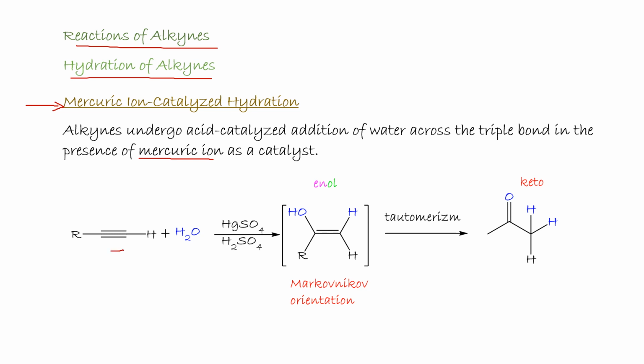So acetylene with water in presence of mercuric sulfate and sulfuric acid, addition of HOH across the triple bond, where the hydrogen will be connected to the carbon carrying more hydrogen, so it's Markovnikov orientation, and the OH will link to the carbon carrying more substituents to give vinyl alcohol, we call it enol, which tautomerizes to the more stable keto structure.